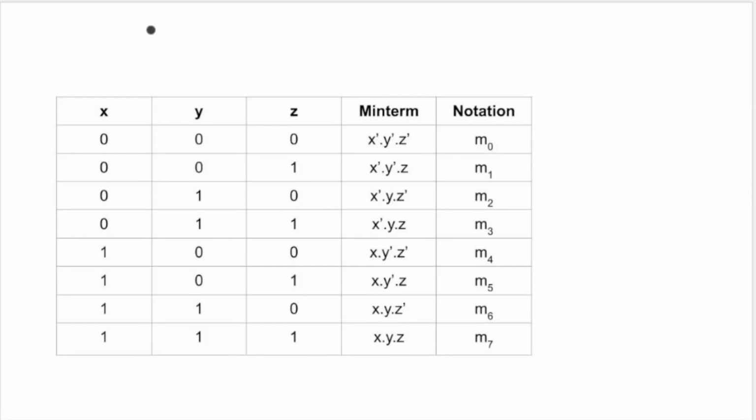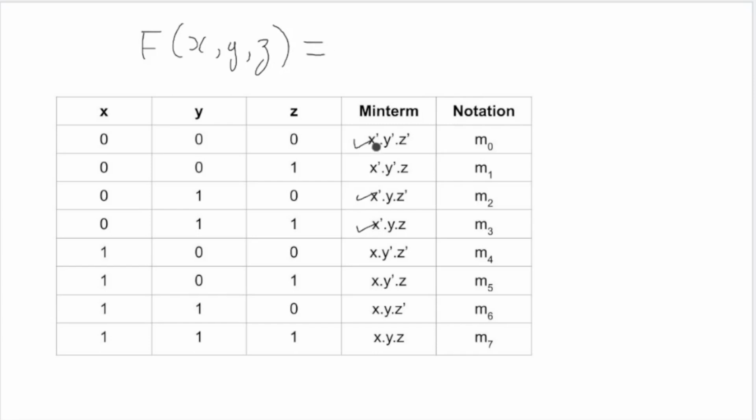So let us say we have a Boolean function of 3 variables, f of x, y, z. And let's say those 3 terms are this one, and this one.